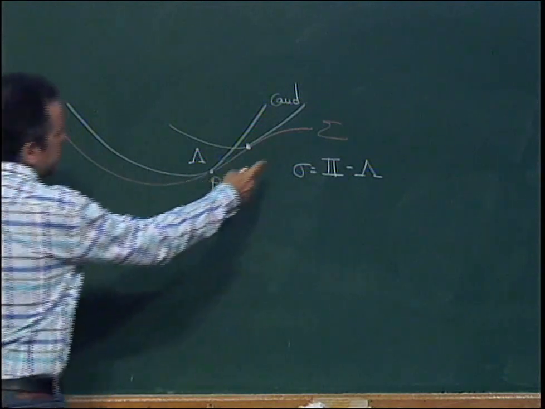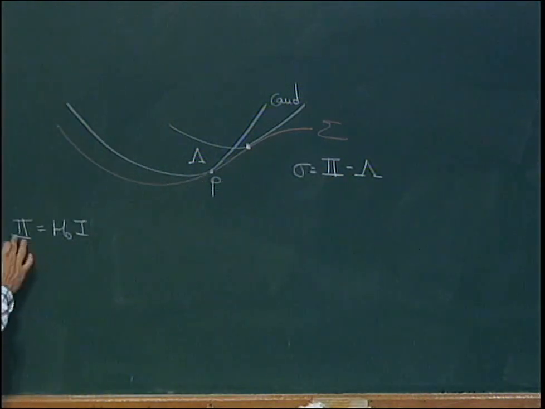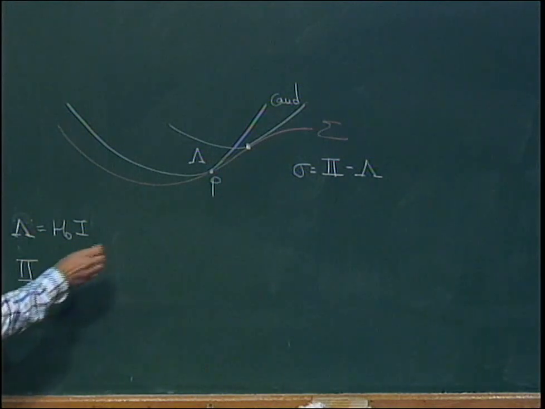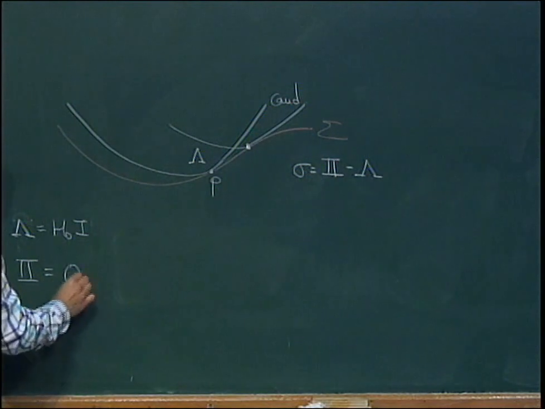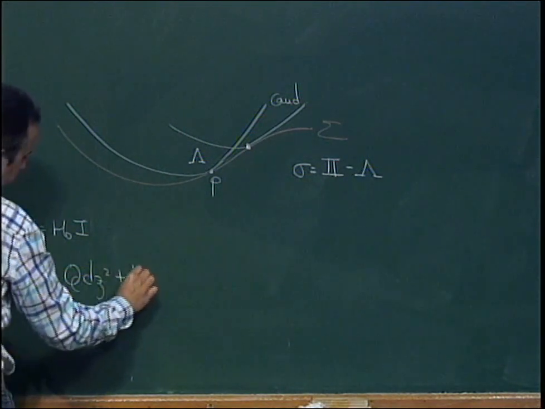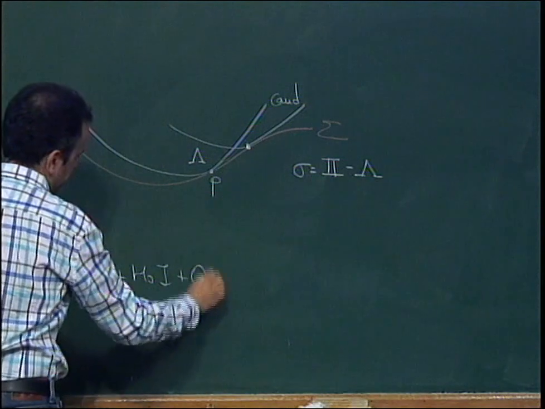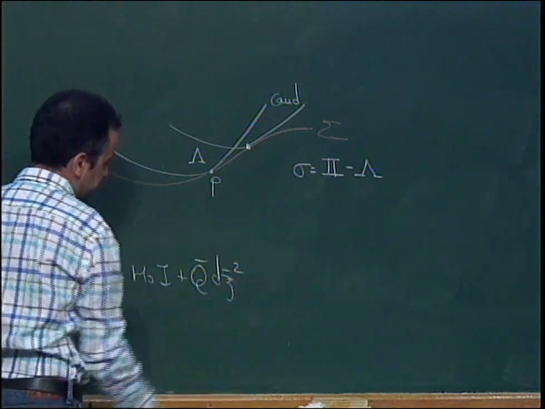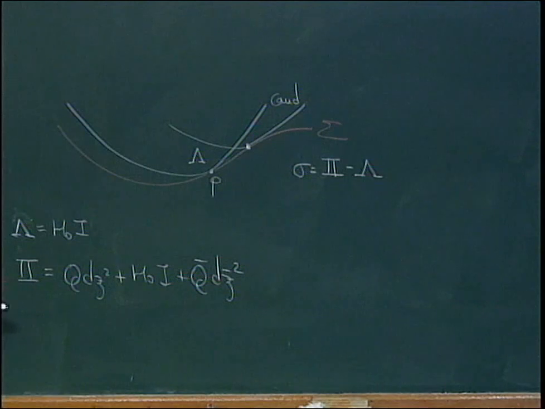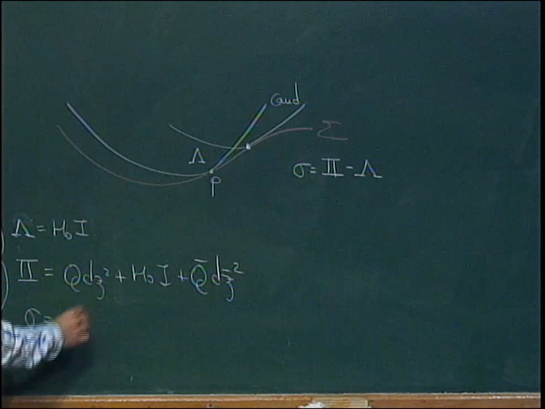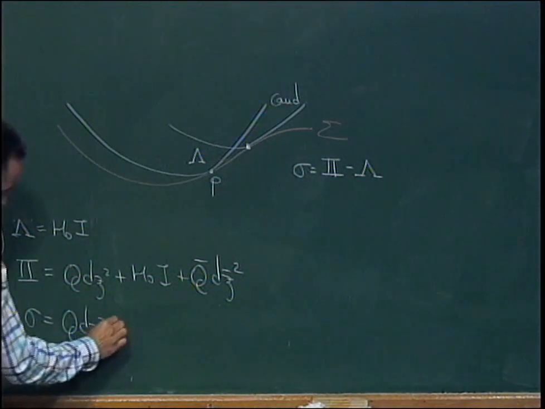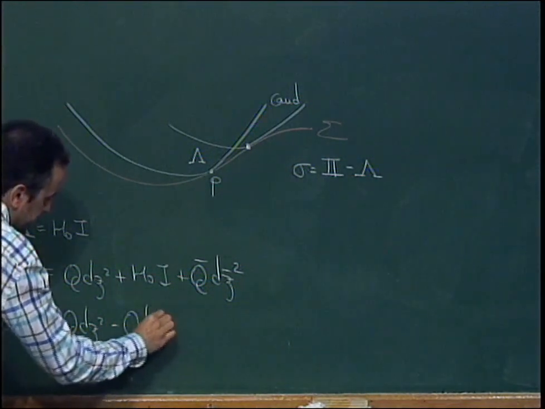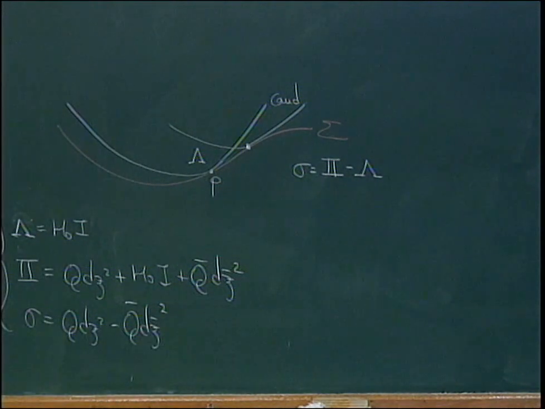And for a general surface sigma, the second fundamental form in a conformal parameter, for instance, is given by the Hopf differential plus H times the metric plus the conjugate. So sigma in this easy case is simply the Hopf differential minus the conjugate. But in general, it's much more complicated.